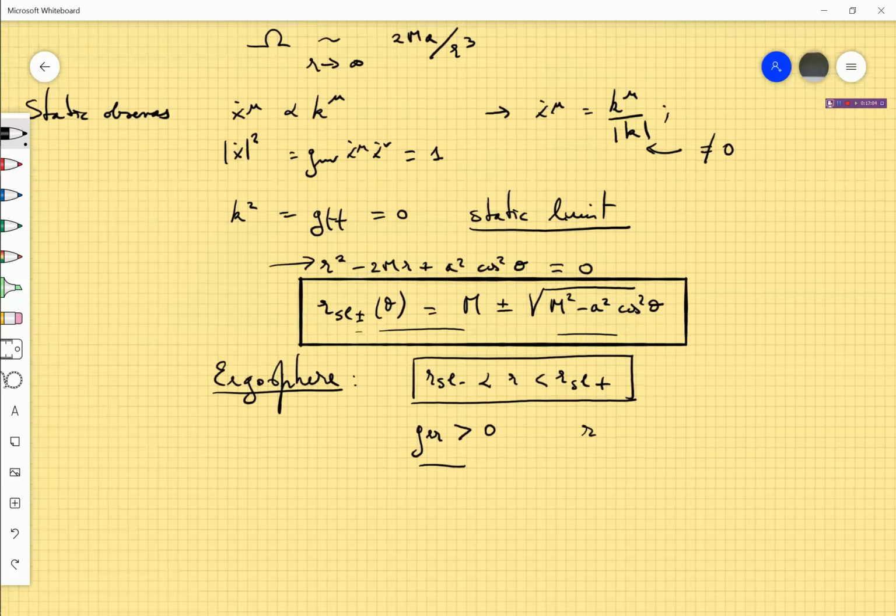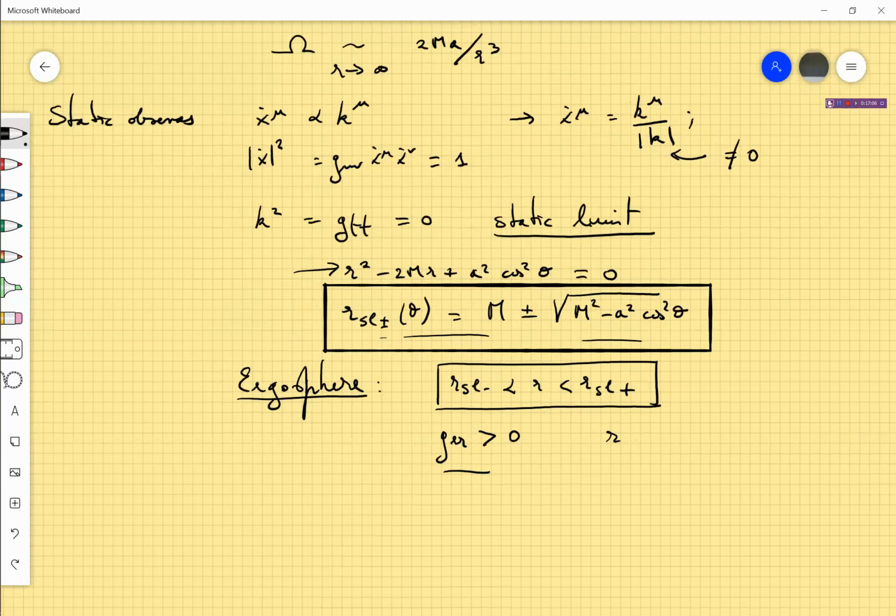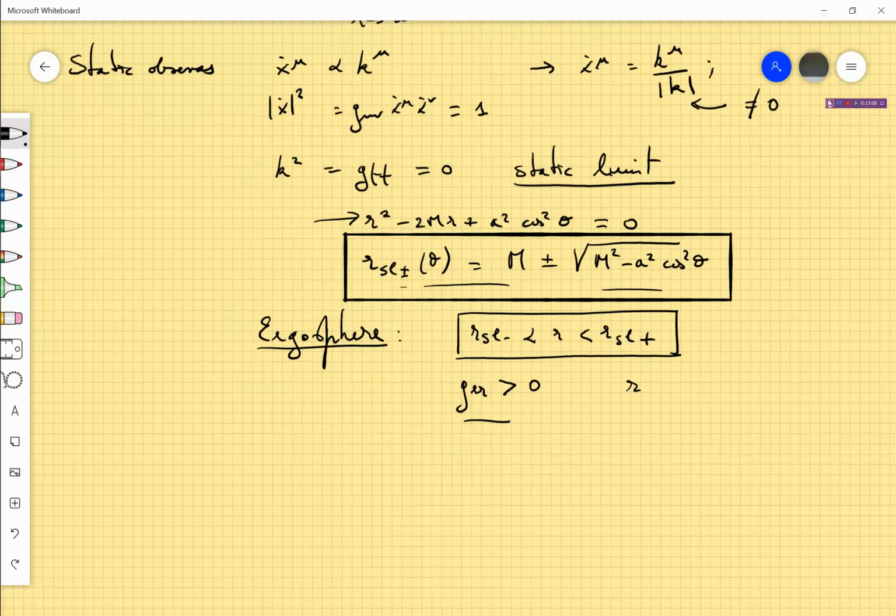So we have considered static observers, and now we are going to consider another class of observers which are called stationary observers. These are observers that move with some constant angular velocity measured in the coordinate time, and that we call omega.